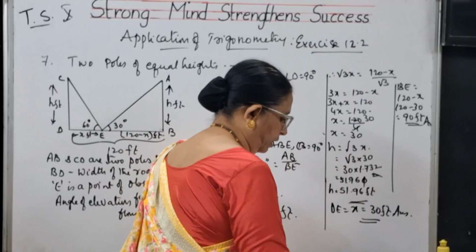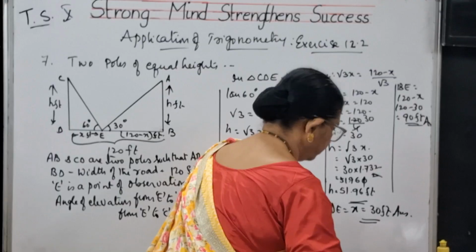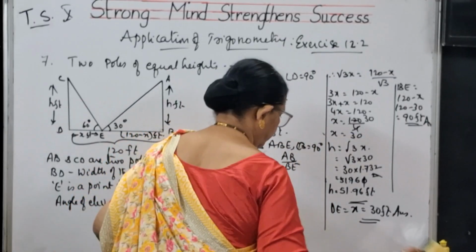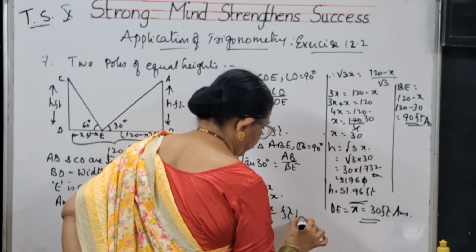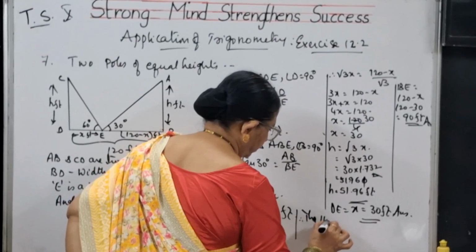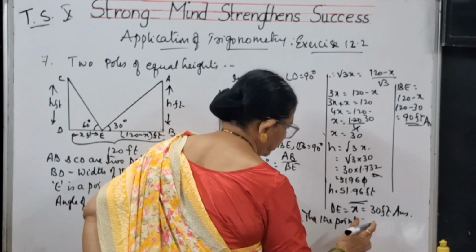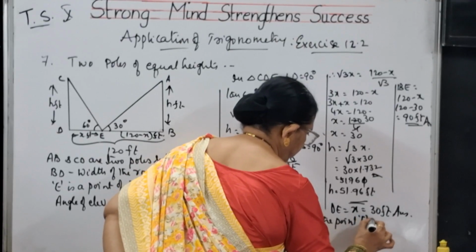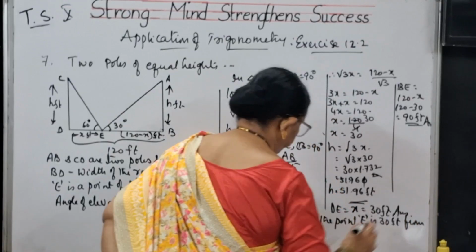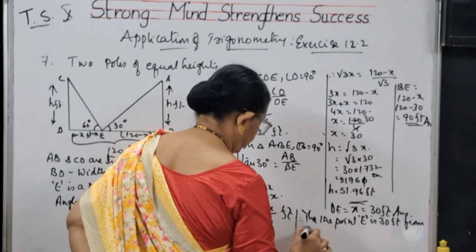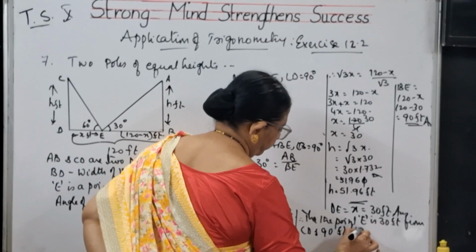The point E, let me write it here. Therefore, the point E is 30 feet from CD and 90 feet from AB.